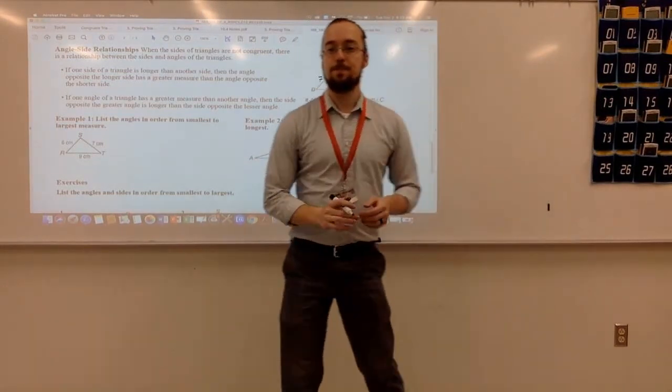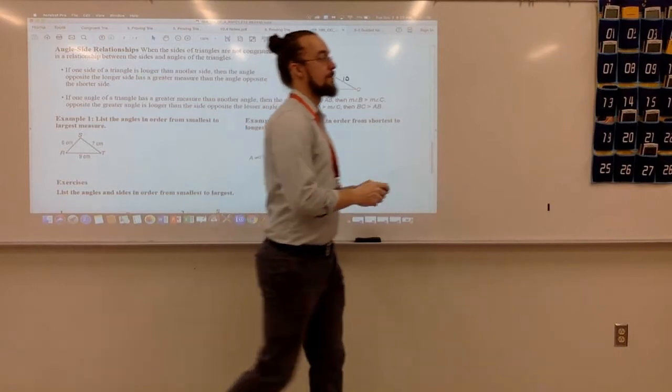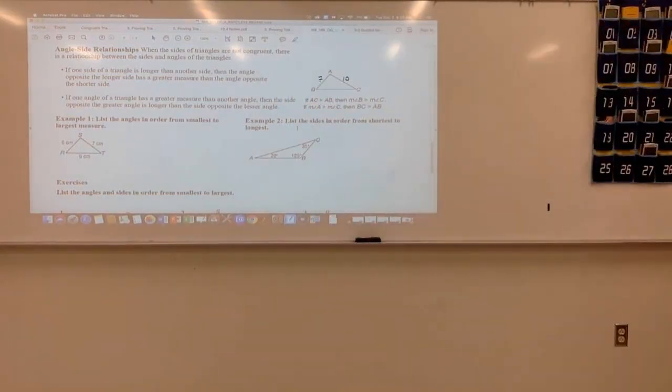Think about a door. If I open a door this much, I've got this little angle right here, and then I've got this much space between on this side of the door. The bigger I make that angle, the longer the opposite side is going to be.